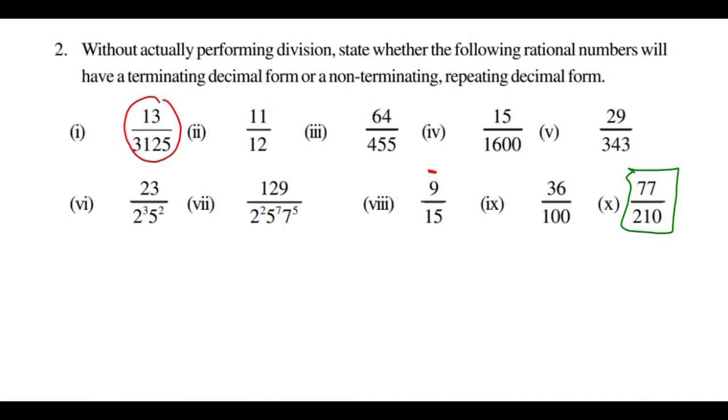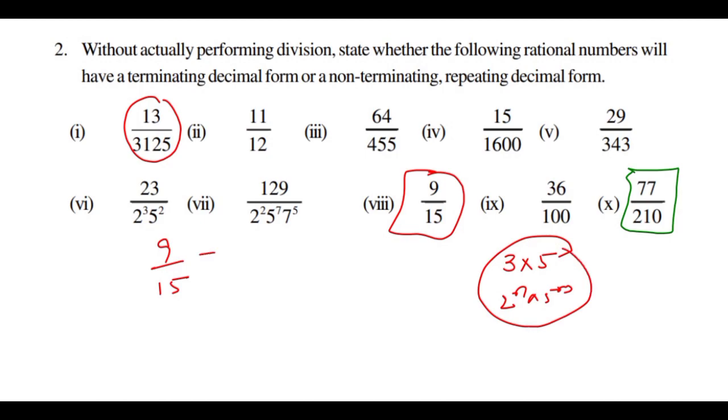Right. You can see this problem: 9 by 15. Generally most of the students, 15 means we write 3 into 5, but we need it in the form of 2 power n and 5 power m. This is not in that form, so they decide it is a non-terminating decimal.